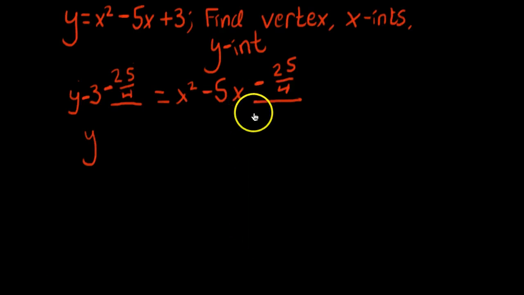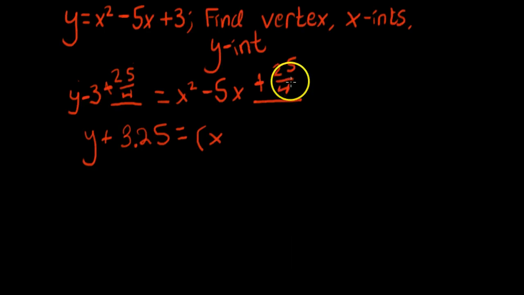I just realized that this should have been positive 25 fourths because you're squaring -5 halves. So we have positive 25 fourths over here too. Sorry about that. So adding these together, we're going to get y plus 3.25 equals, and then getting this into the squared form, remember it's going to be x, and then it's going to be basically the b over 2.